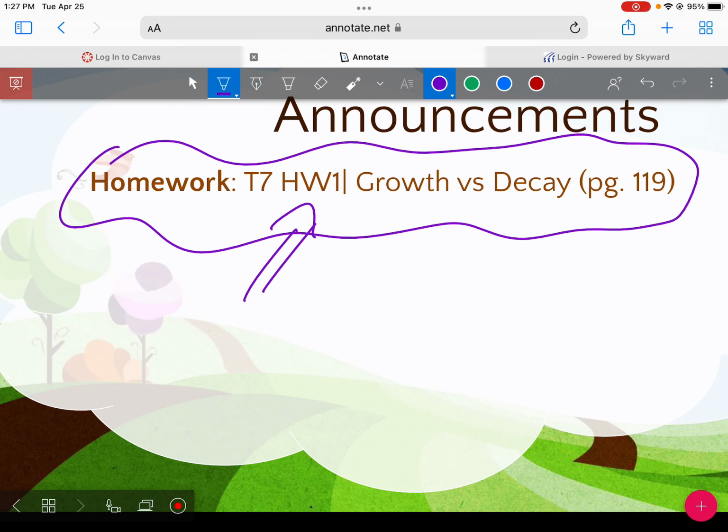Yes? How much of the grade is the final? I want to say 15%. It's not a large amount. So if you don't do well, it shouldn't make you fail unless you're really close on the edge.